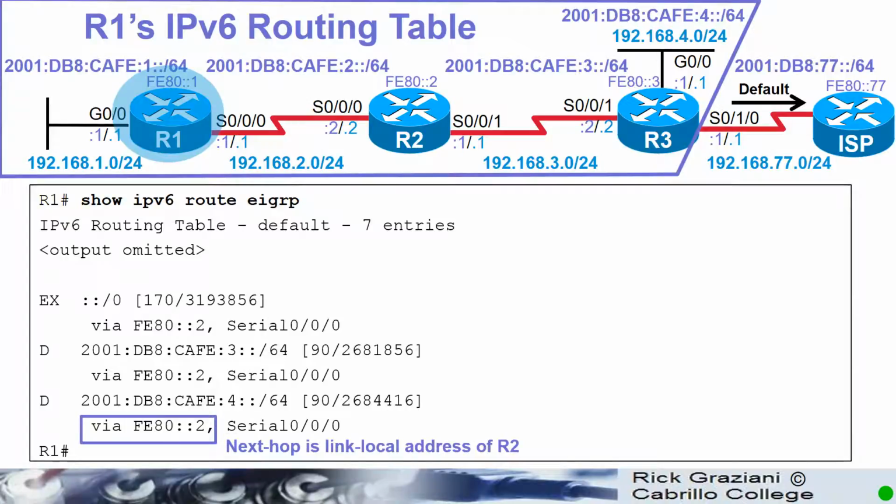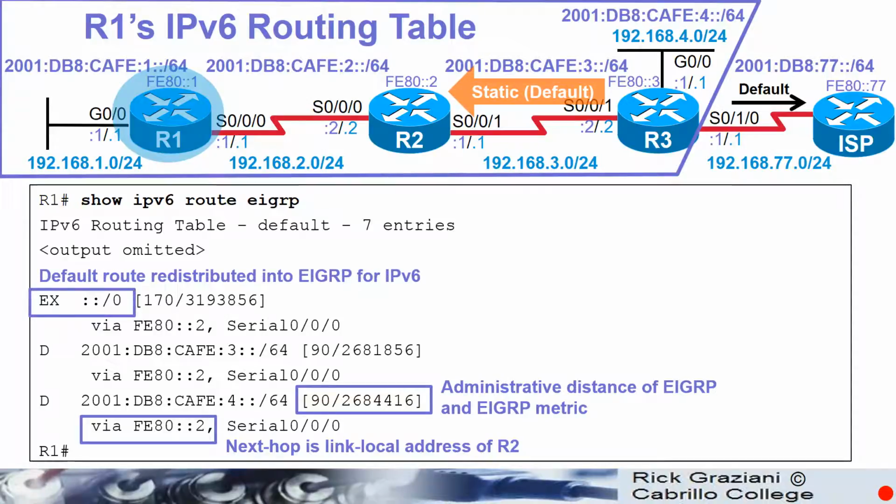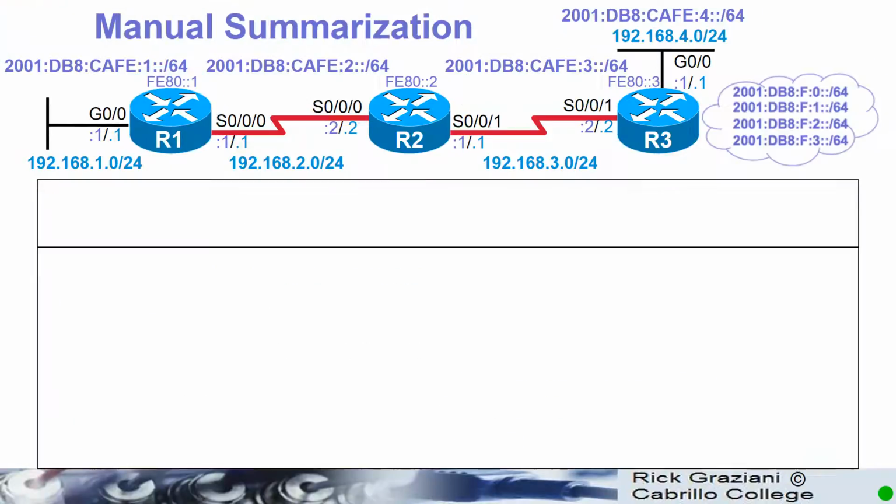Again, notice the appropriate link local address being used as a next hop address, the administrative distance, and the appropriate metric, the default route, which is distributed by R3, hence the external link.